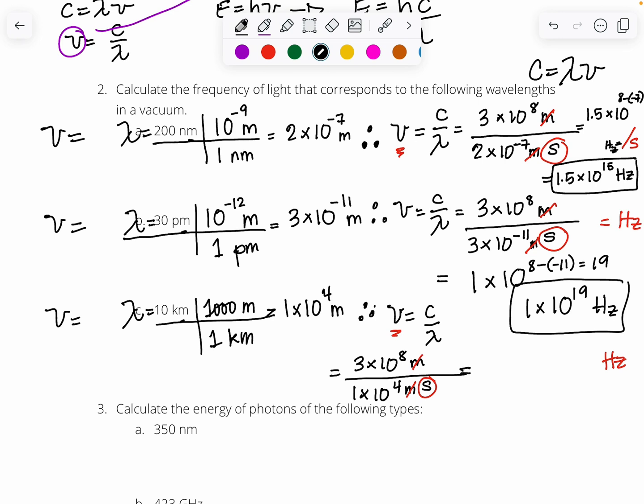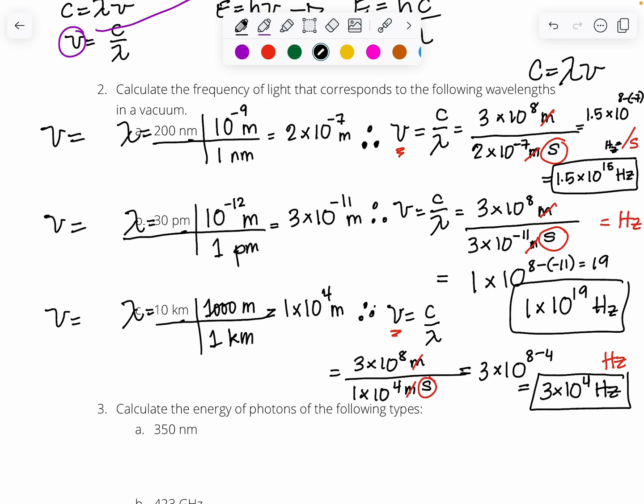So 3 divided by 1 is 3 times 10 to the 8 minus 4 because we're dividing. So that's going to be 3 times 10 to the 4 hertz. That is not very frequent.